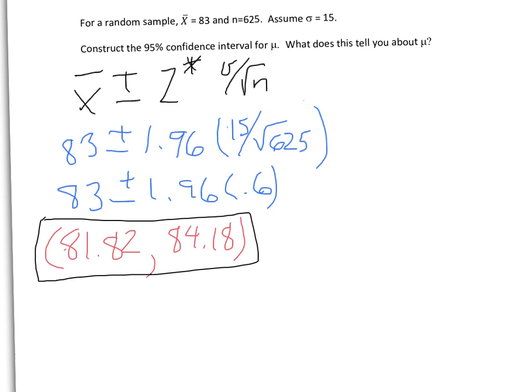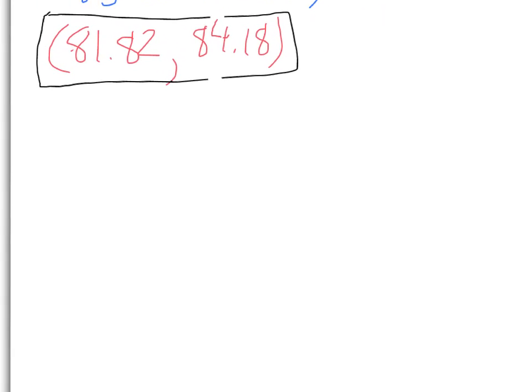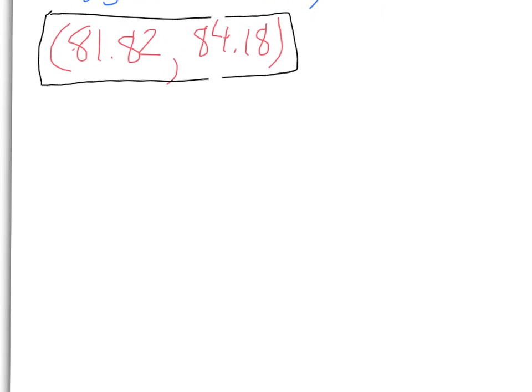How do you interpret that? We would say we are 95% confident that the true population mean is somewhere between 81.82 and 84.18. And I will actually write down the interpretation here.